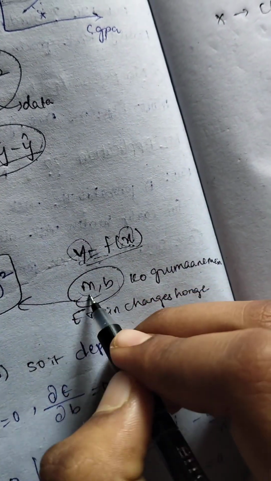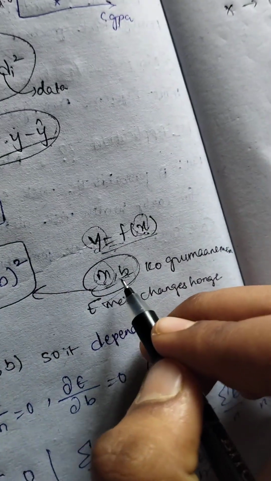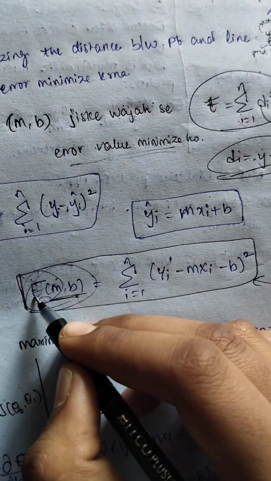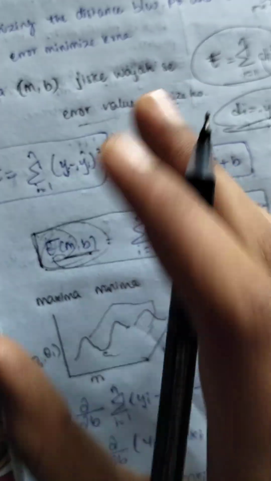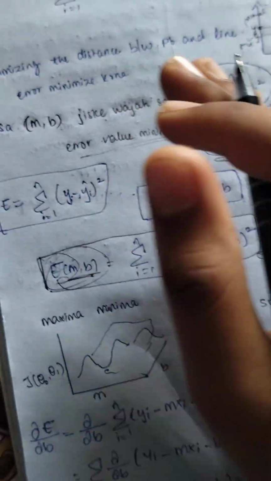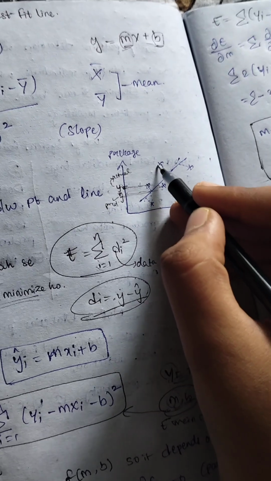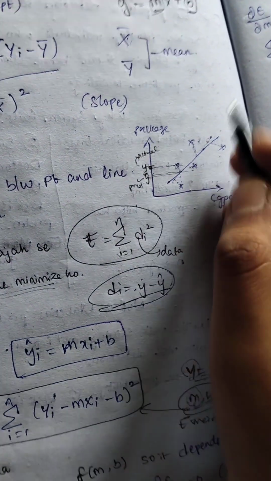Here we have two things: the slope and the intercept. If the slope or the intercept changes, the total value of the error function changes. In simple words, we want a line where the total squared error is minimum. The error between the predicted and the actual value, the distance, should be minimized.